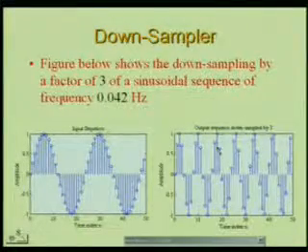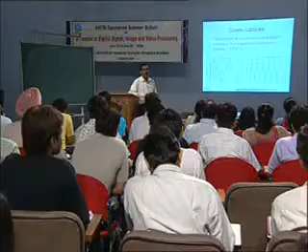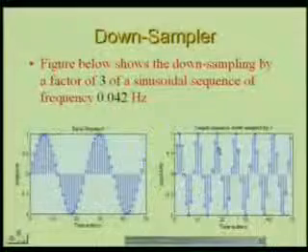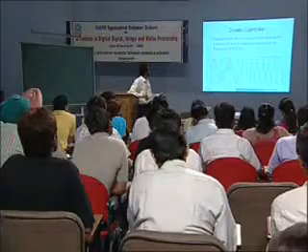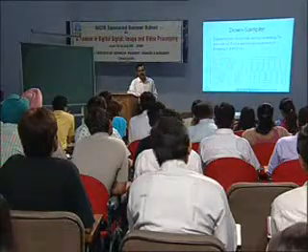The right side sequence is the output from the downsampler. Your downsampler is basically a device. For the time being, we can consider it as a device. So, the output is y[n]. Here the sampling frequency has been decreased by a factor equal to 3.